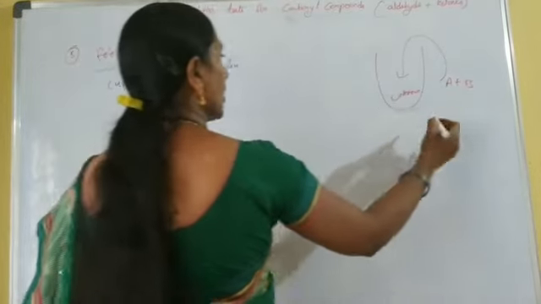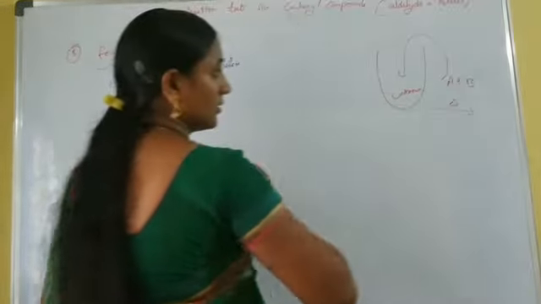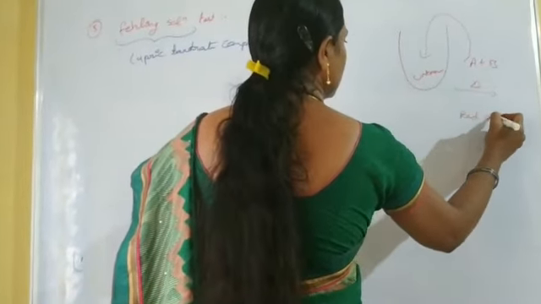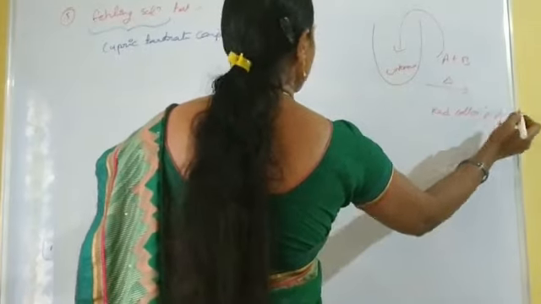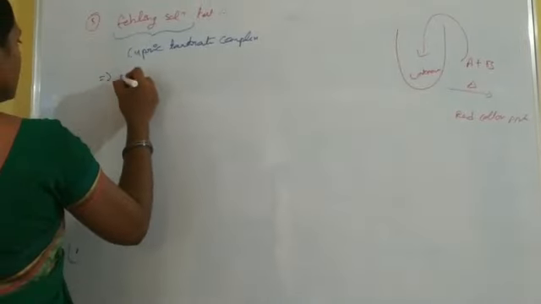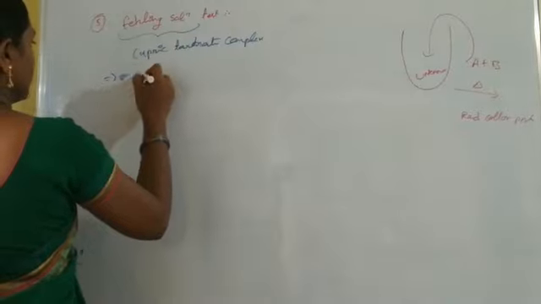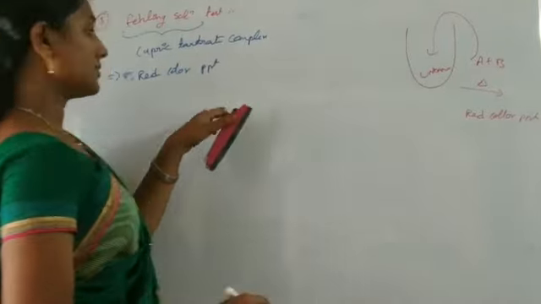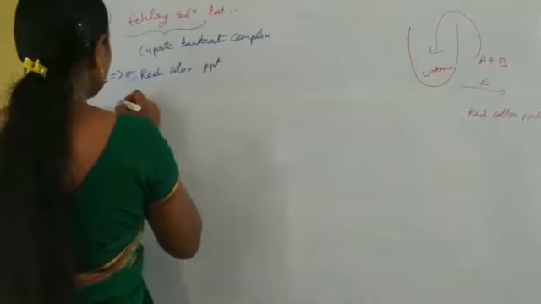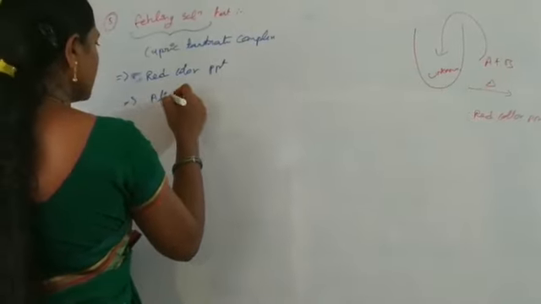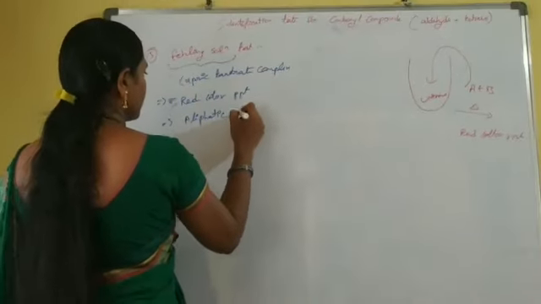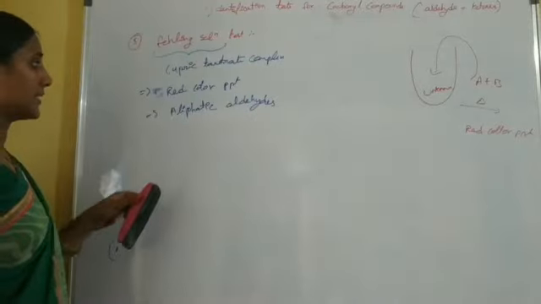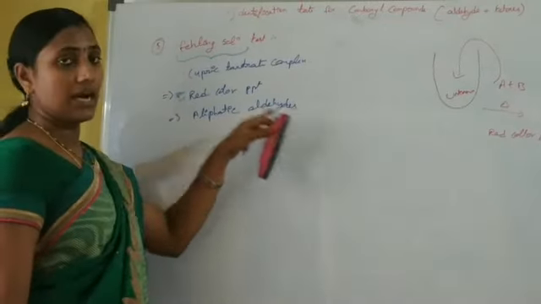Now this solution is strongly heated on a flame, and a red precipitate is observed. That red precipitate indicates the presence of aliphatic aldehydes. That means the Fehling solution test is given only by aliphatic aldehydes.